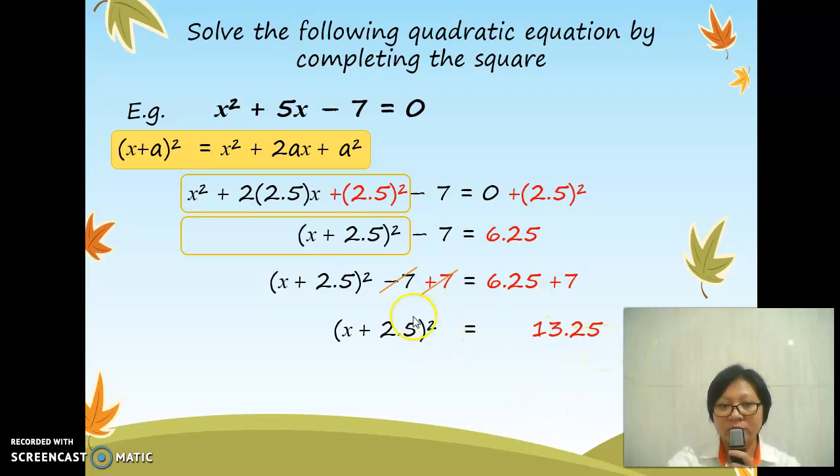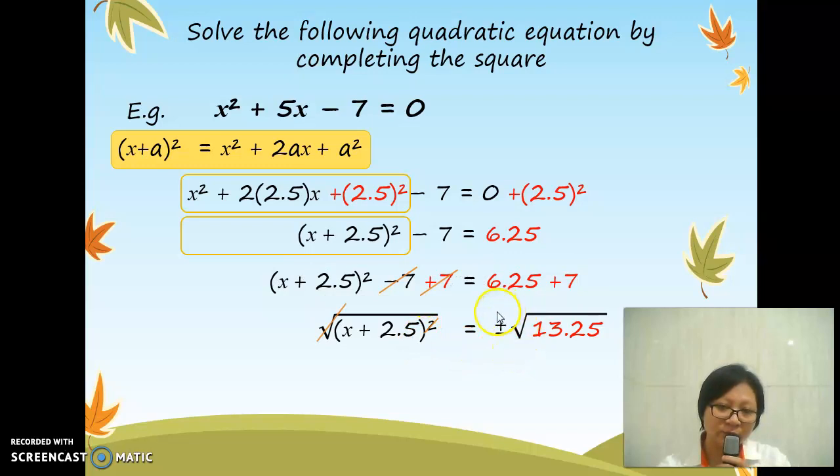Now I want to remove the square here by taking the square root of both sides, and don't forget to put a plus minus sign on the right side, because if you multiply a positive number by a positive number, you get a positive result. But if you multiply a negative number by a negative number, you also get a positive result. So you need to put a plus minus sign here.